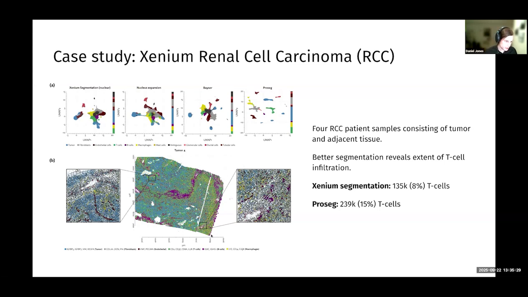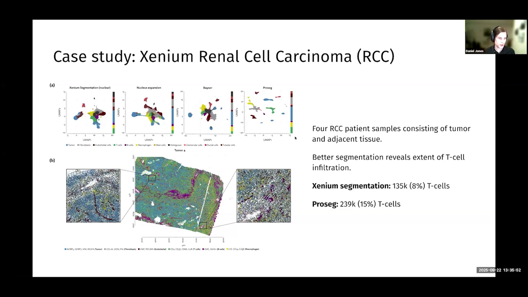In this example, blue is tumor cells, green is T cells, purple is B cells, and so on. We had a lot of problems with this smothering effect. T cells have fewer transcripts and are smaller, so they're harder to separate out from the tumor signal.